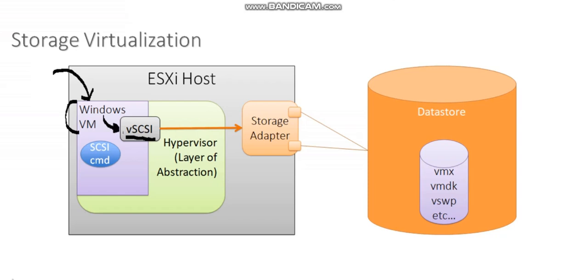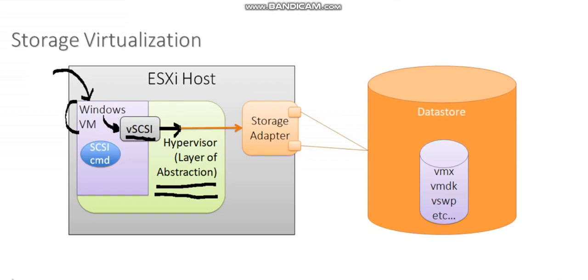Let me send that storage command to the SCSI controller. And what happens after the fact is the virtual SCSI controller is actually a virtual device. So essentially what you're doing is you're taking those storage commands and you're giving them to the hypervisor. The virtual machine is sending those storage commands through its virtual SCSI controller, and they are arriving at the hypervisor. And now the hypervisor determines what happens to those storage commands from here.